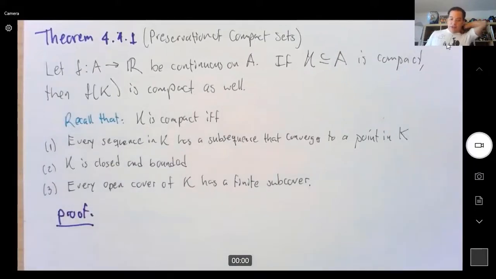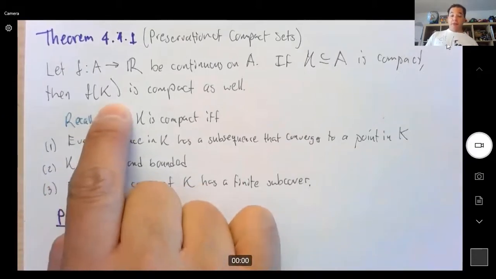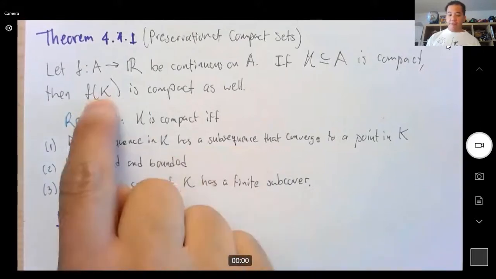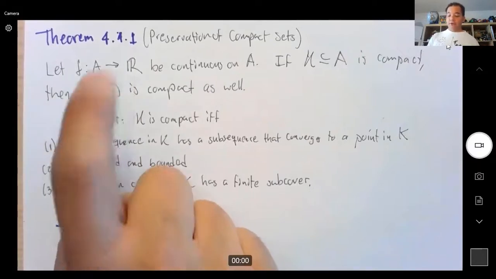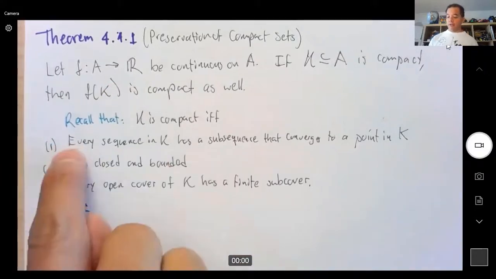What is it that I need to show? I need to show that the image f of K is compact. So I'm going to pick a sequence in f of K, and I'm going to show that it has a convergent subsequence to a point that also belongs in f of K. That's my goal. I want to use number one.